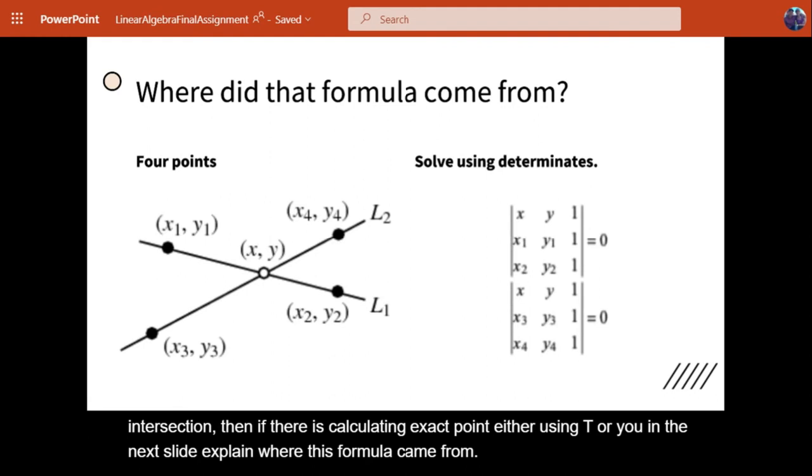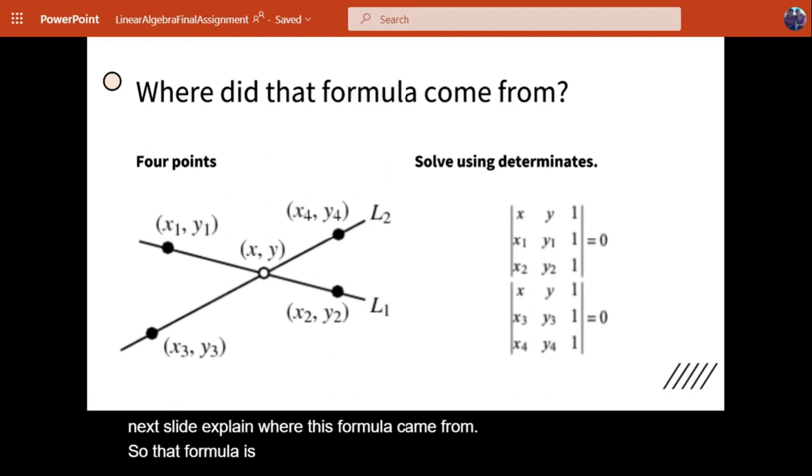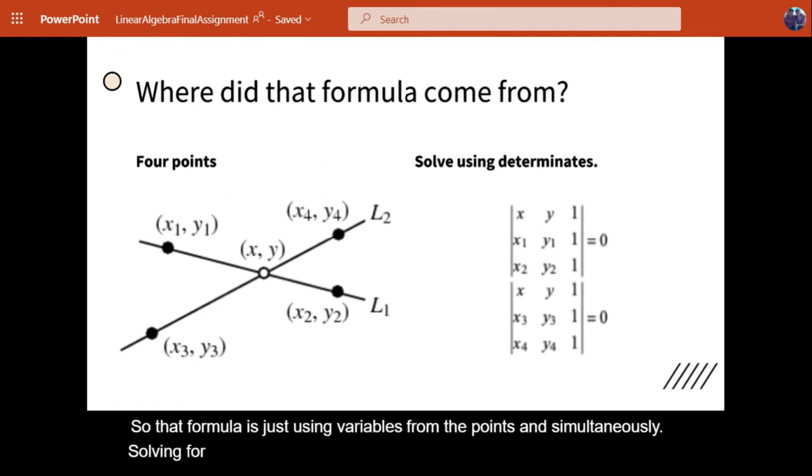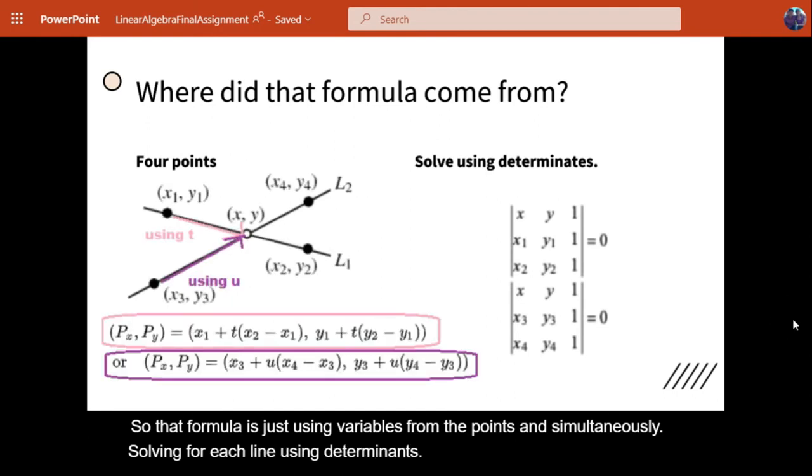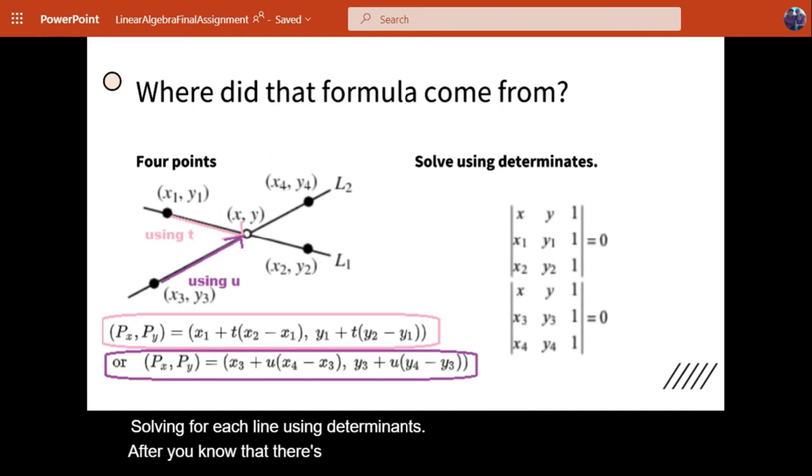So that formula is just using variables from the points and simultaneously solving for each line using determinants. After you know that there's an intersection, then you can find the exact point using either t or u.